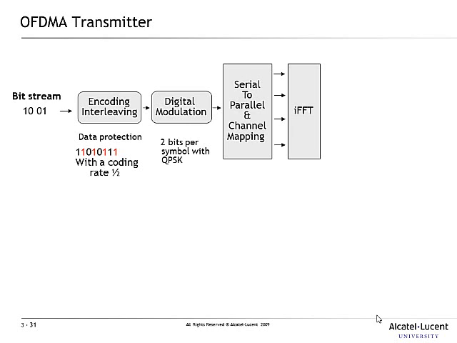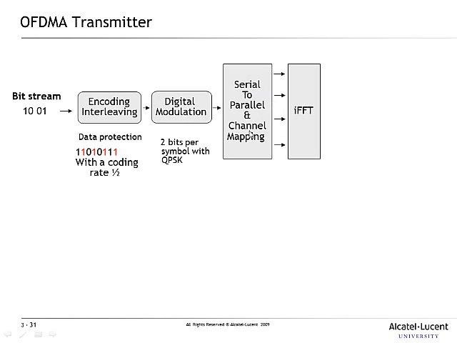And these symbols then go into something called a serial to parallel unit. So we convert a serial signal made up of multiple phases. We convert each of those serial signals into a parallel signal, and we also channel map.